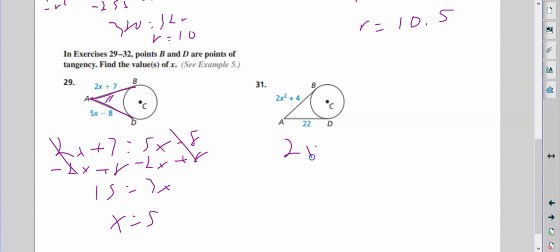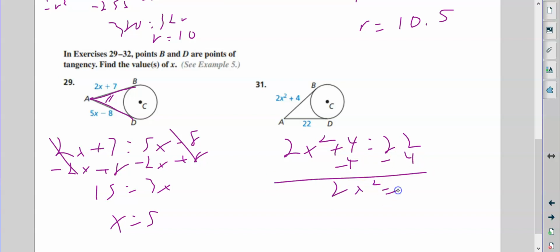Same thing here. 2x squared plus 4 equals 22. I'm going to subtract 4. 2x squared equals 18. Divide by 2. And I just square root both sides. And that gives me plus or minus 3.